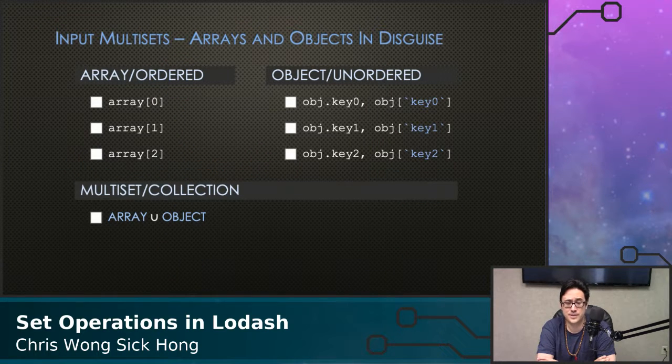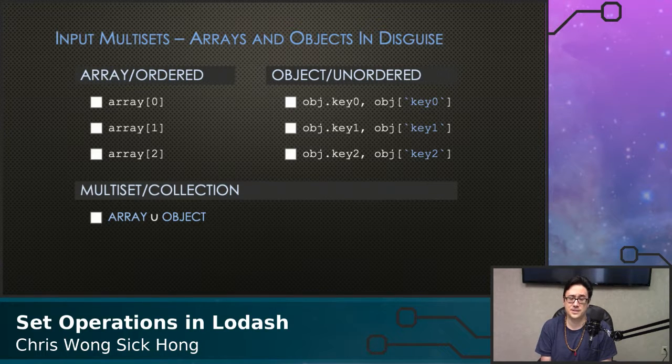And for those familiar with JavaScript, the multi-set or set is really a concept of arrays and objects in disguise, where an array would be an ordered set or multi-set, which is basically a bag of stuff where there's an order to the stuff inside of it, and that order is reflected by the array index, whereas an object is an unordered multi-set, where there's a bag of stuff that has no implicit ordering to the stuff inside of it, and that's why objects are accessed via keys instead of array indexes.